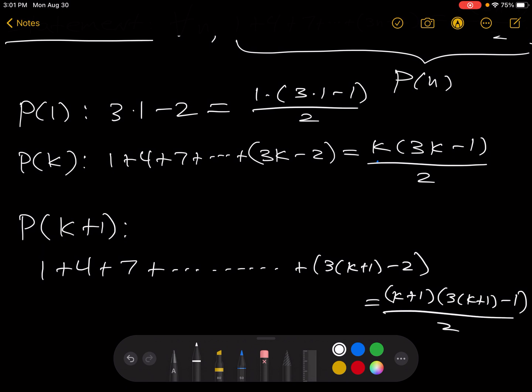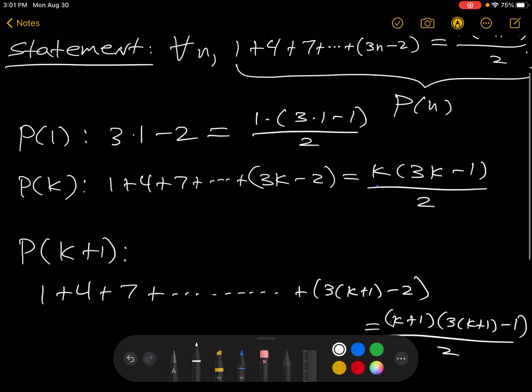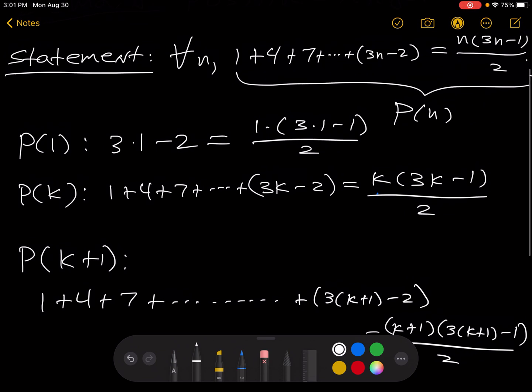Now the thing to notice is that, okay, now what comes before the k plus first term? Okay, this right here, this is the k plus first term.